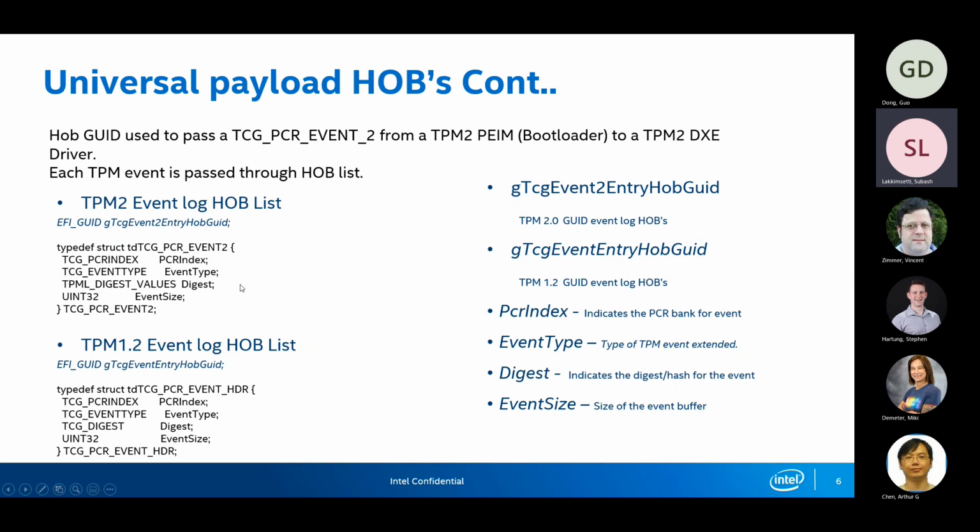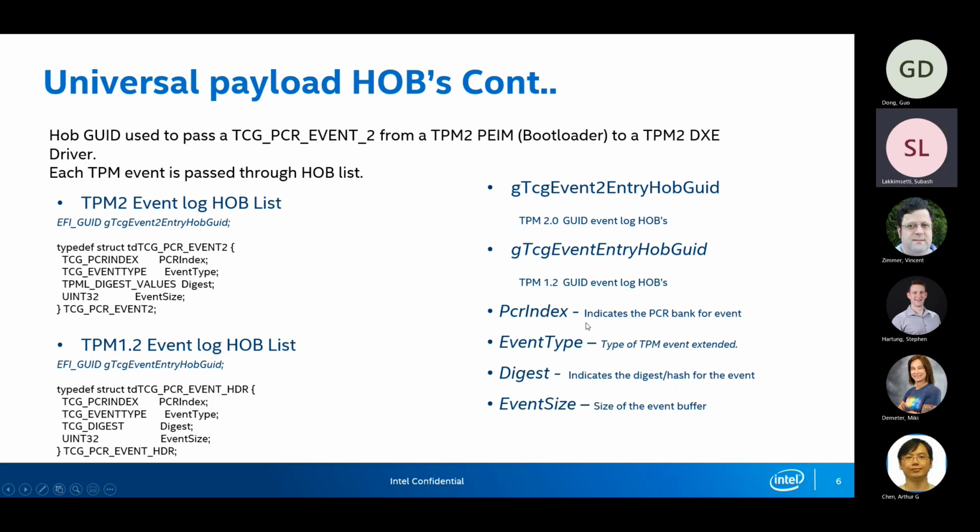As per the spec, the payload also does some events, so it can add events. Here there are 2 hops, one respective to TPM2 and one respective to TPM1, and I have mentioned the PCR index and TPML digest values, pretty much as per the spec.